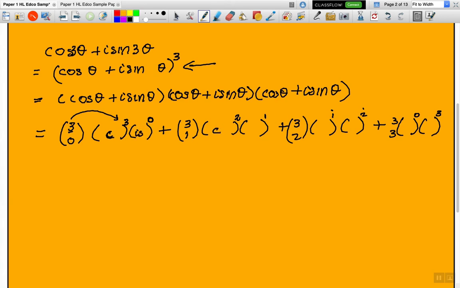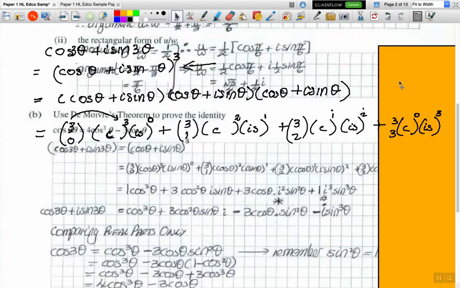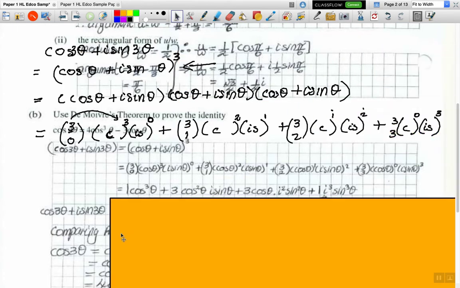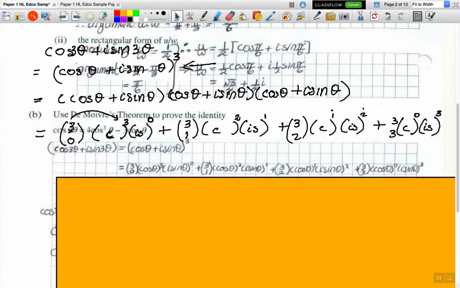And then once you've done that, it's a case of expanding it, which is what we're going to see now.